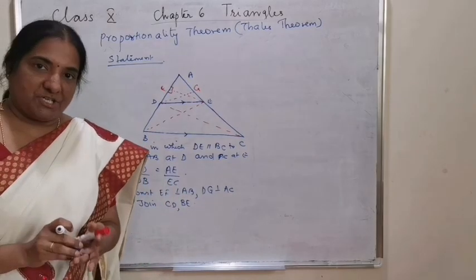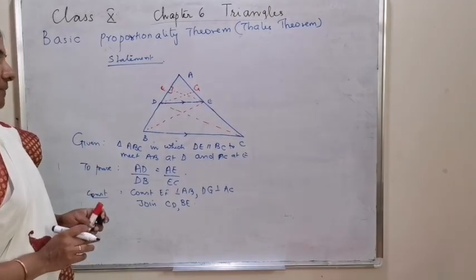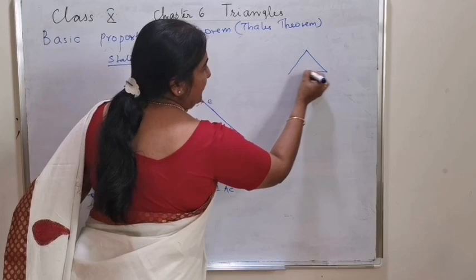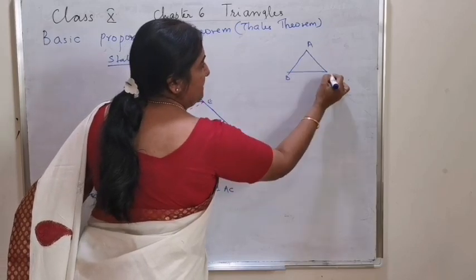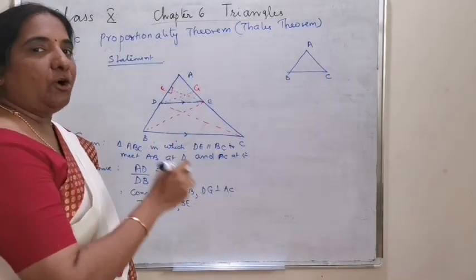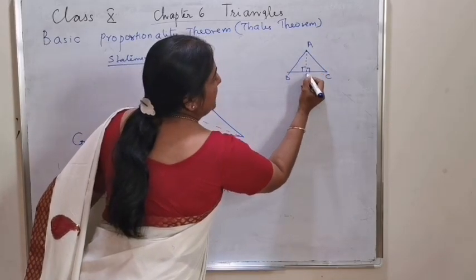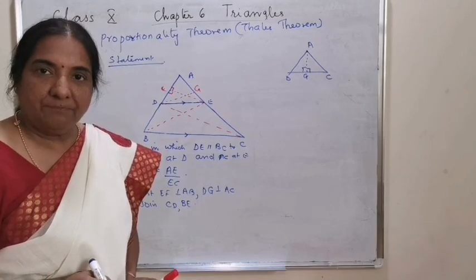After the construction, now just the concept is, if you have an acute triangle ABC, the altitude from A will be the perpendicular AG.